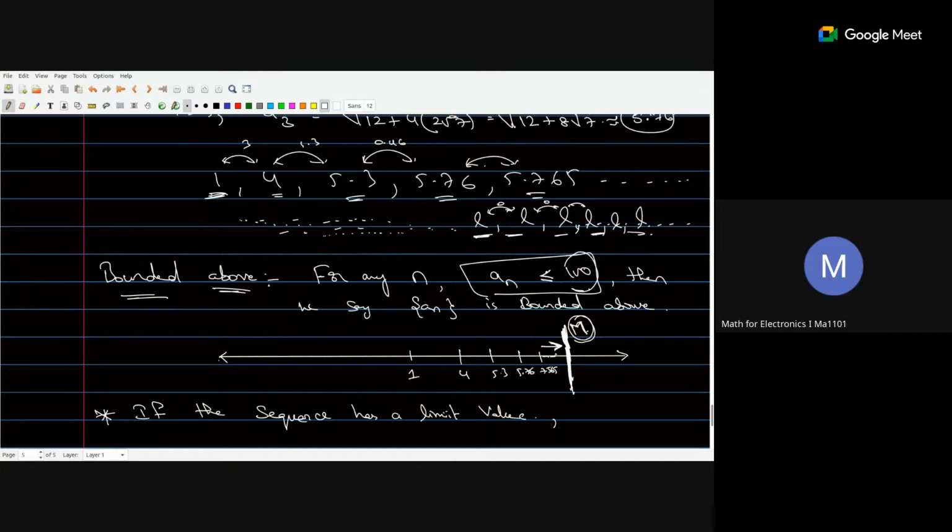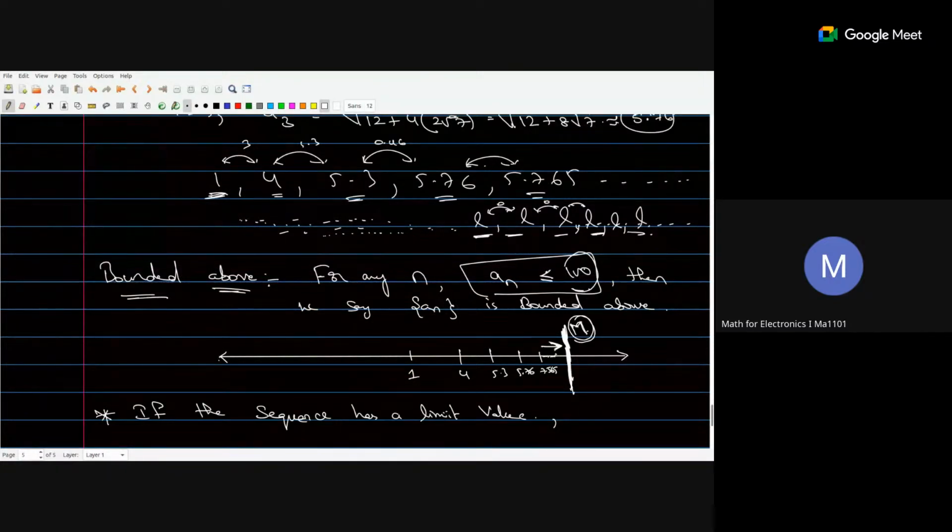If you have an upper bound to the sequence, then I can say the sequence is bounded above. Bounded above means there is a value above the sequence, and the whole sequence will not cross that. It is closed there, so the sequence cannot go outside that. The sequence lies inside that only. That is what bounded above means.